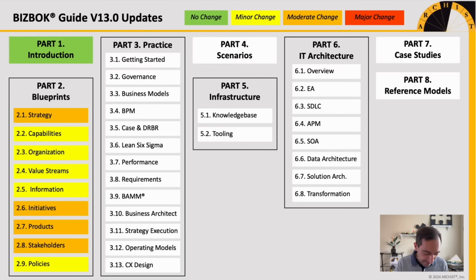Now, looking at the policies, we just see some minor changes here, and that's mainly around the mapping guidelines and also the fact that now we do have the objective decomposition in our meta model, which is part of the policy meta model as well. So these are a few changes that we see in part 2 of the BIZBOK guide, and that's all around the core and extended domains of business architecture.